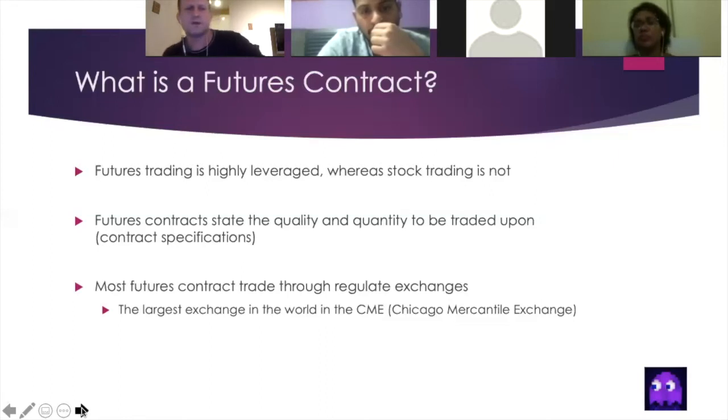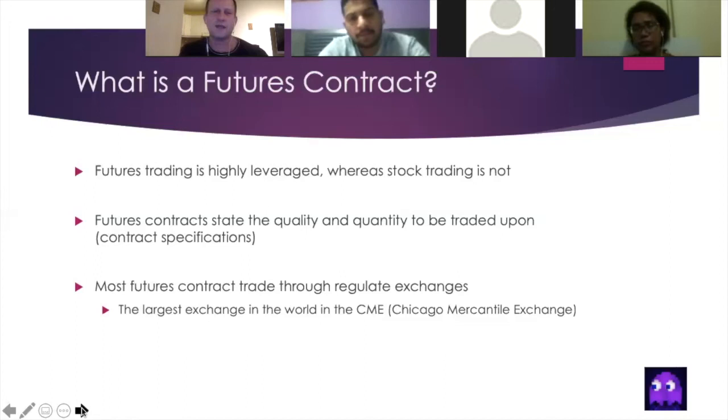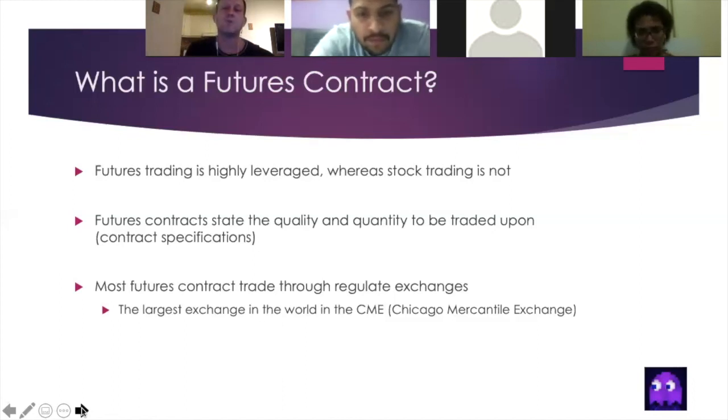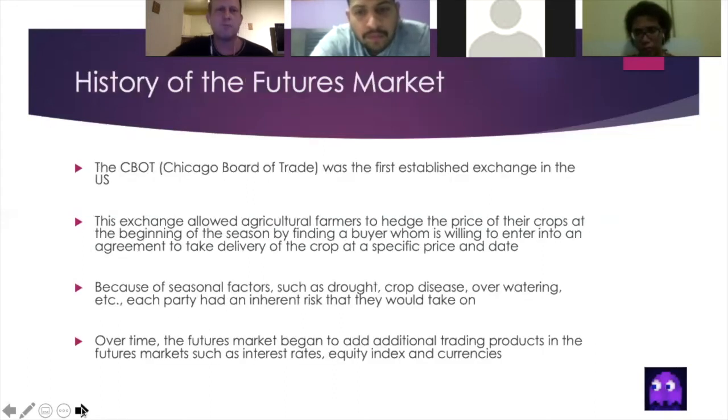Most futures contracts trade through regulated exchanges. And really the ones that we're going to point you to are going to be traded through large exchanges. The biggest one being the CME, or the Chicago Mercantile Exchange. But we also have the Chicago Board of Trade, and that was the first established exchange in the US.